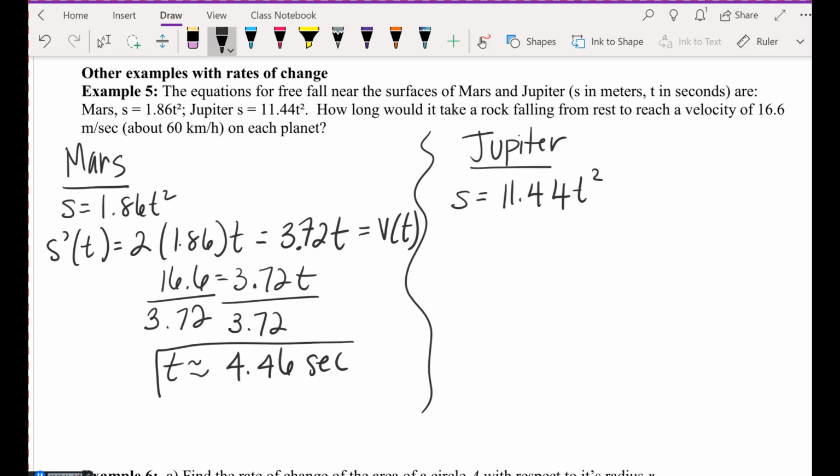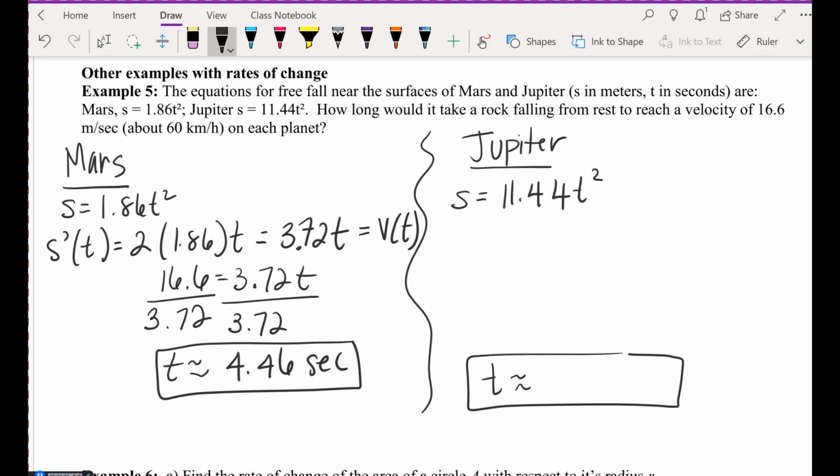Mm-hmm. All right, you try Jupiter. You let me know about what time. Approximately what time on Jupiter would it still reach the same velocity of 16.6? Faster or slower on Jupiter?